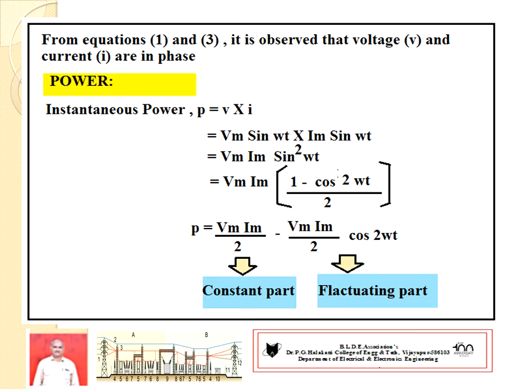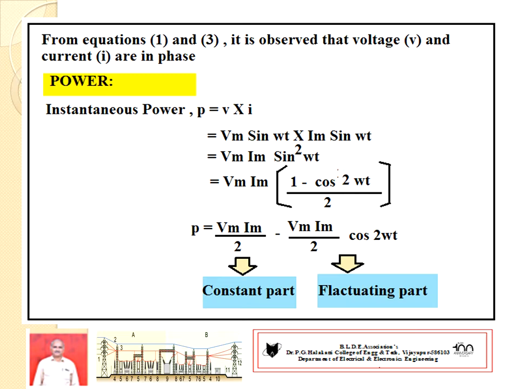From equations 1 and 4, you see the current expressions. It is observed that voltage V and current I are in phase, because V equals Vm sin omega t. Finally, the resultant current becomes I equal to Im sin omega t.